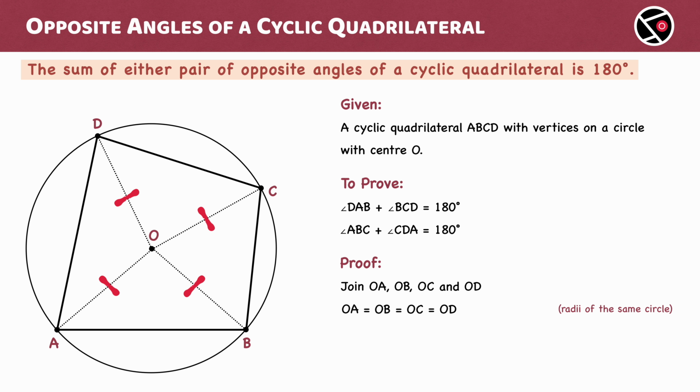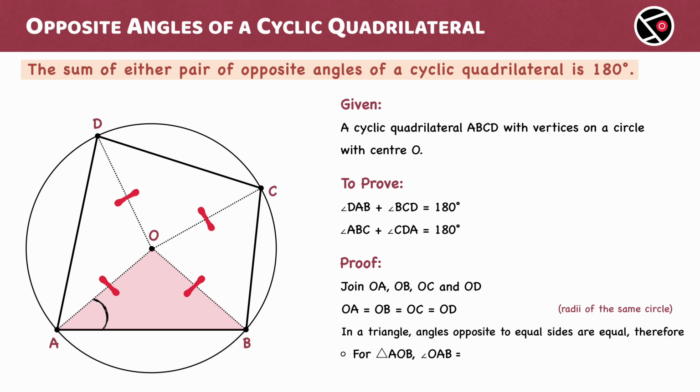We will now use a fundamental property of triangles. In a triangle, angles opposite to equal sides are equal. Therefore, for triangle AOB, angle OAB equals angle OBA. Let us label these angles as W.